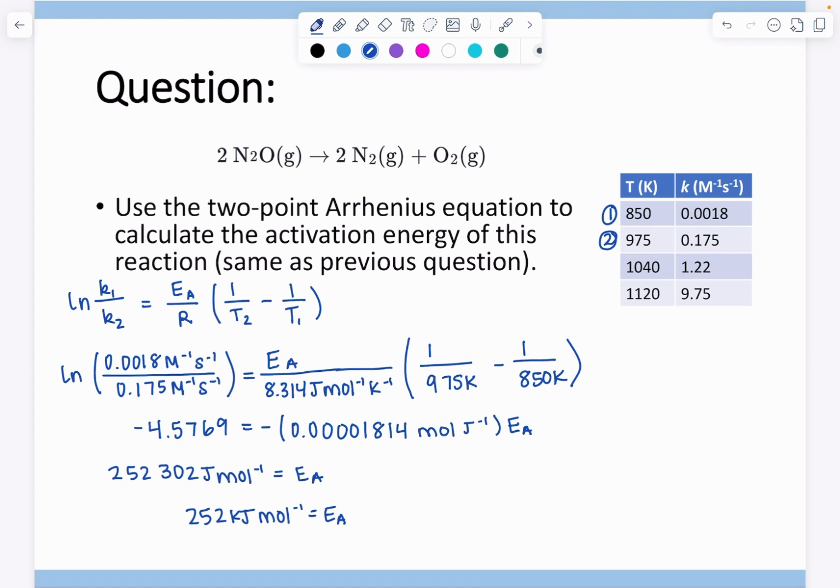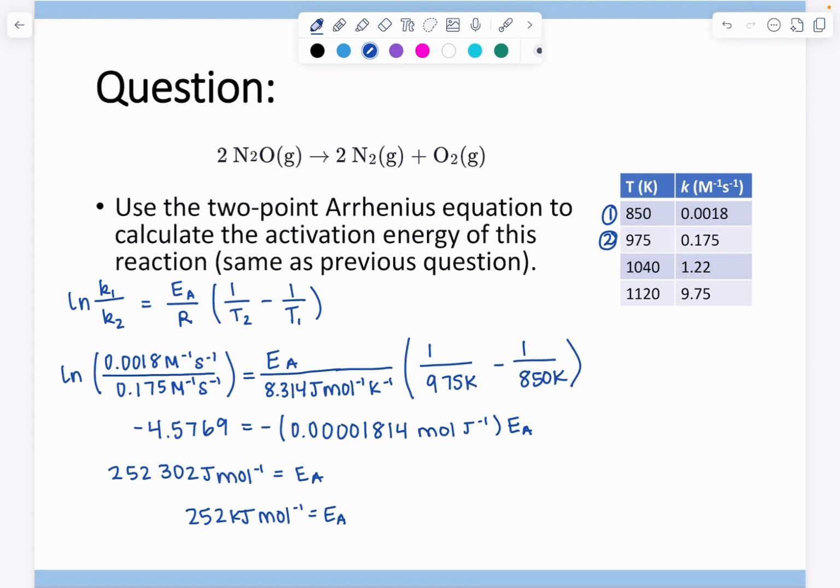Okay, so I'd say for the most part, the most involved math that we're doing in this chapter is pretty much done here. So finding rate laws based on experimental data, or using integrated rate laws, or the Arrhenius equation given experimental data. Those are the more intense math problems that we'd have in this chapter.